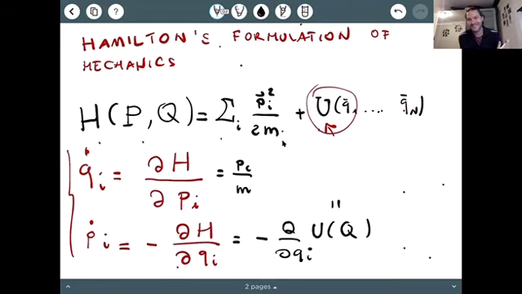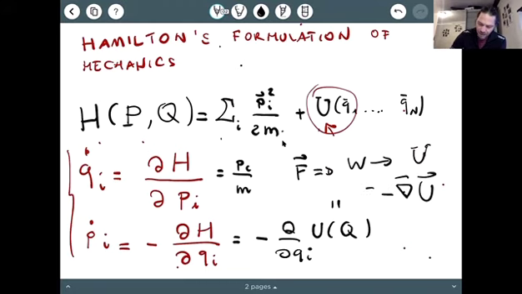Remember? We saw previously in the course that the force in Newton's dynamics could be used to define the work, and the work could be used to define the potential energy. And then the relationship between the potential energy and the force was that if you take the gradient of the potential energy and change the sign, you get a force.